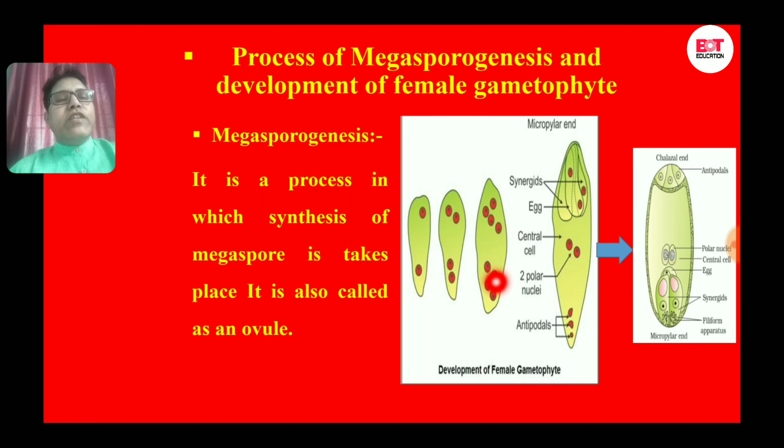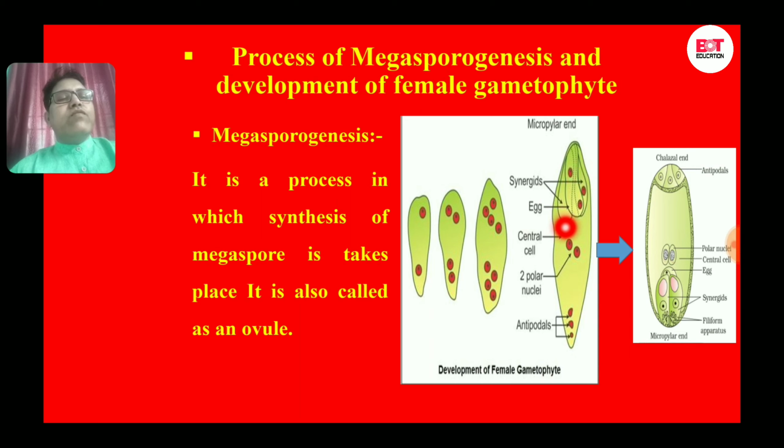Later it becomes a tetranucleated structure. This is the diad stage, this is the tetrad stage, and this is the octet stage. This octet stage later segregates the nuclei into two groups. Out of the four nuclei at the upper side, they develop into two synergid cells and the egg, forming the egg apparatus.